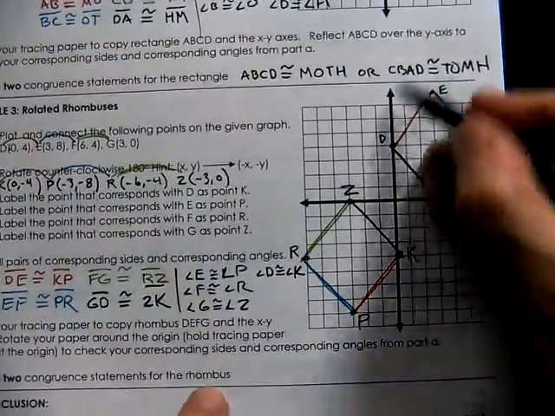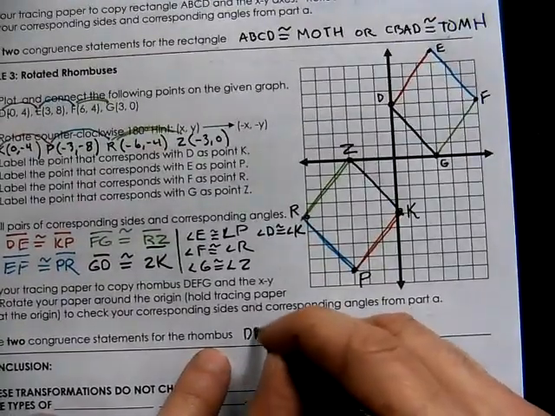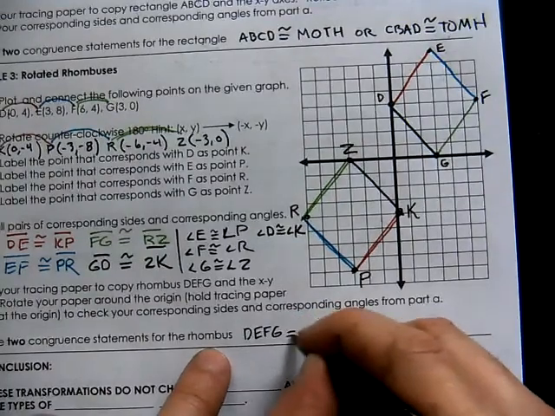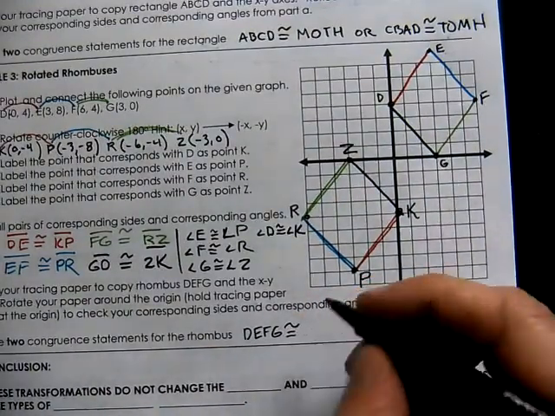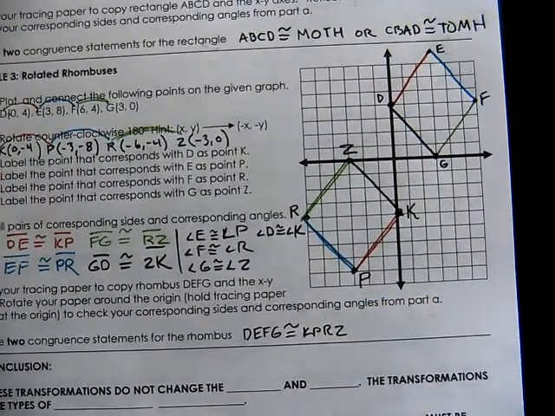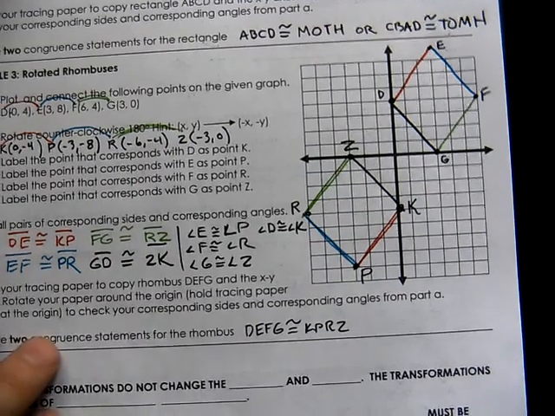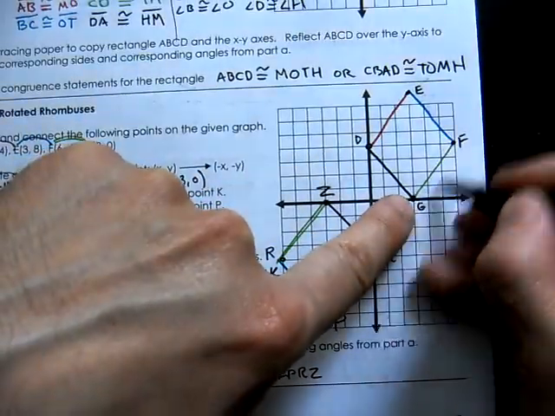Alright, so again, let's write two congruent statements for the rhombus. So if I use the original rhombus, figure DEFG is congruent with figure KPRZ. And let's change it up for some variety. Let's start with G and go counterclockwise.